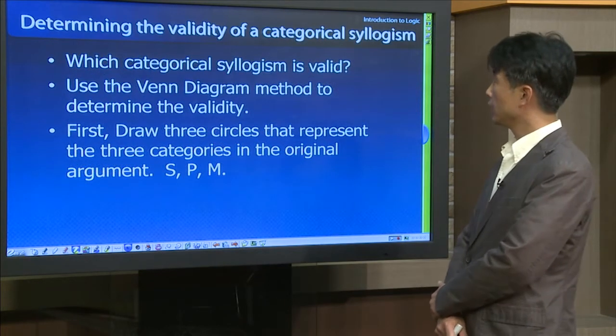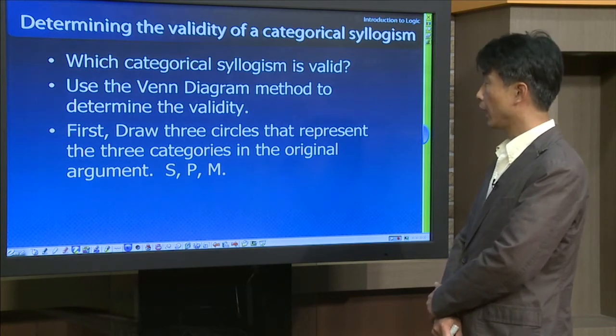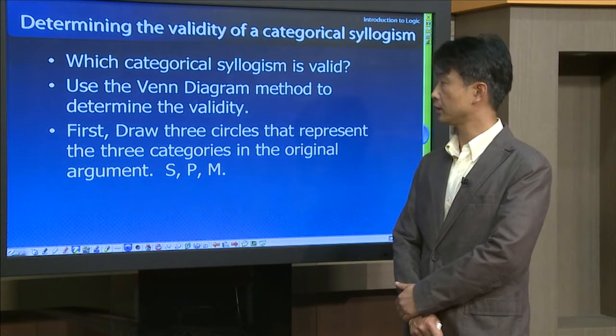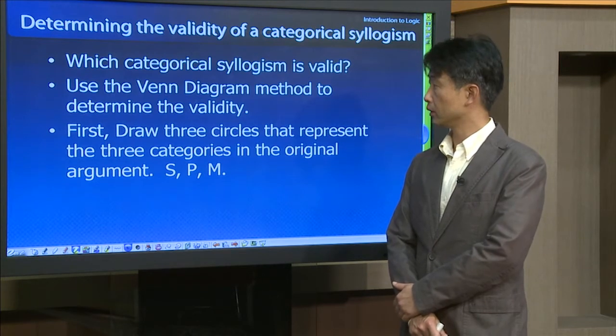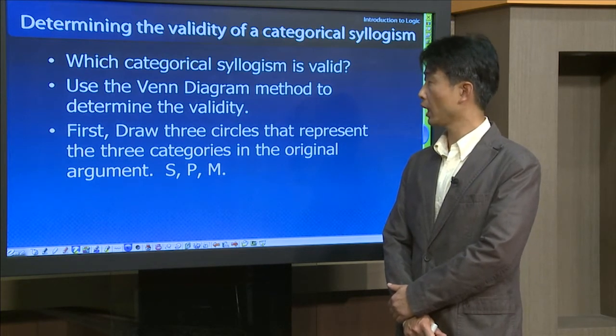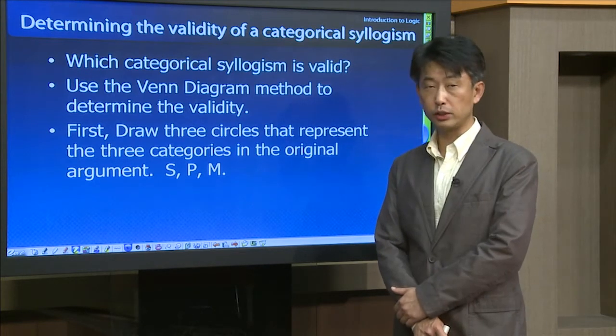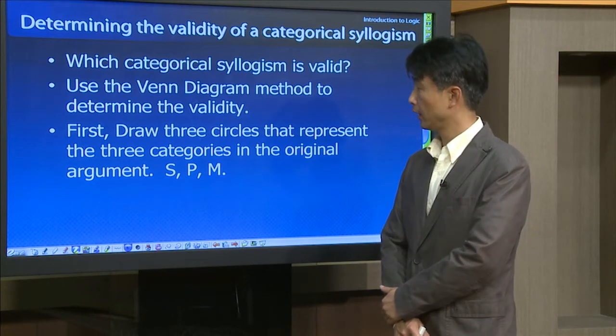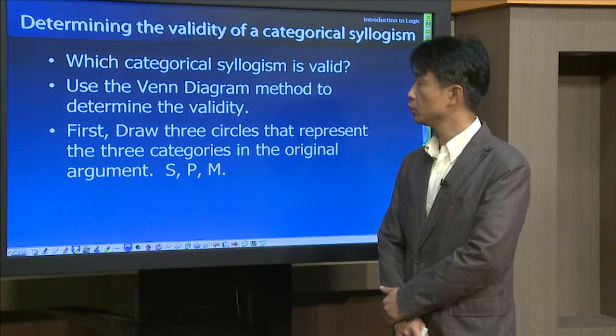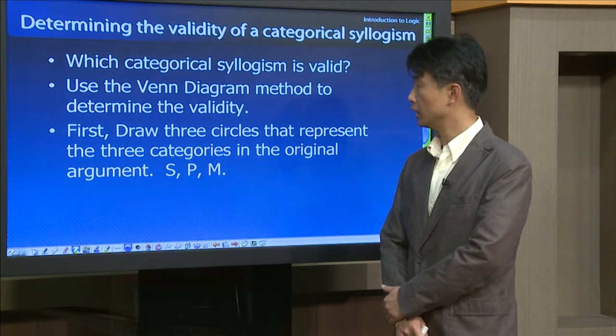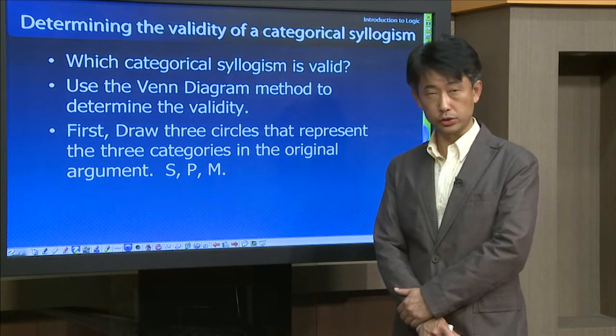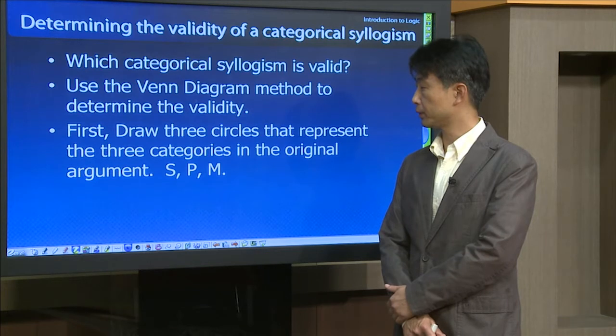So we want to determine the validity of a categorical syllogism, and answer the question: which categorical syllogism is valid and which is not valid. And we like to use the Venn diagram method to determine which is which. So how do we proceed?